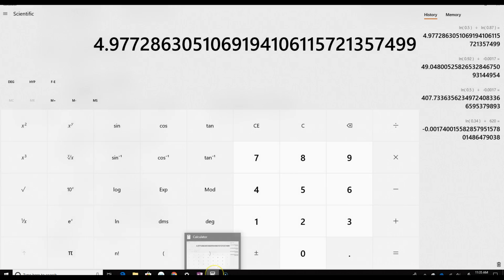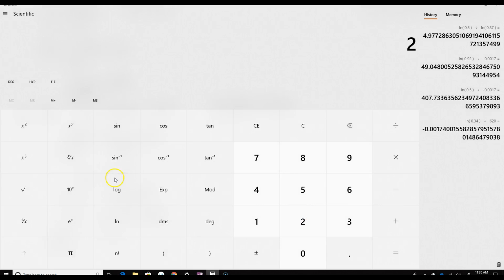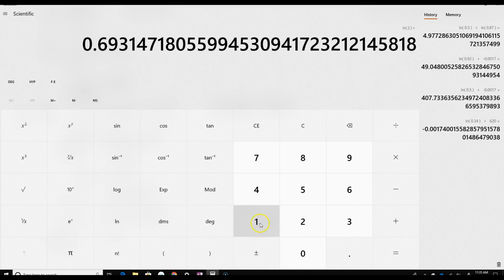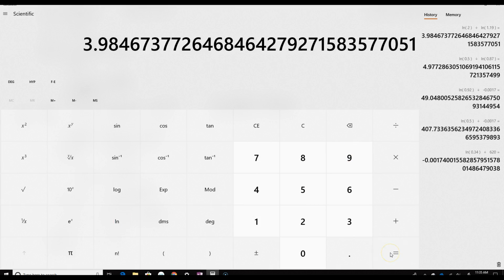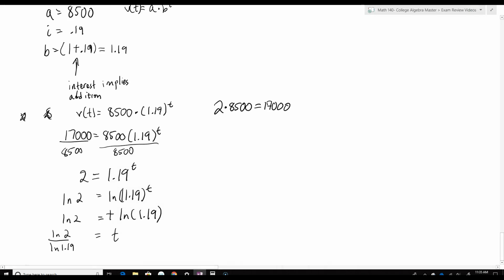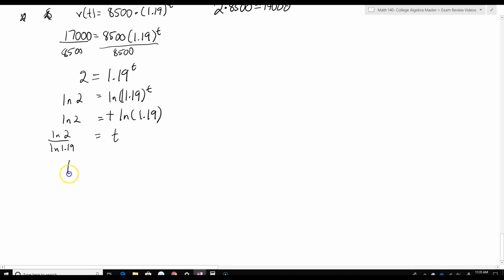So consequently, that'll equal 3.984 or 3.985 years. So t, in this case, equals 3.985 years.